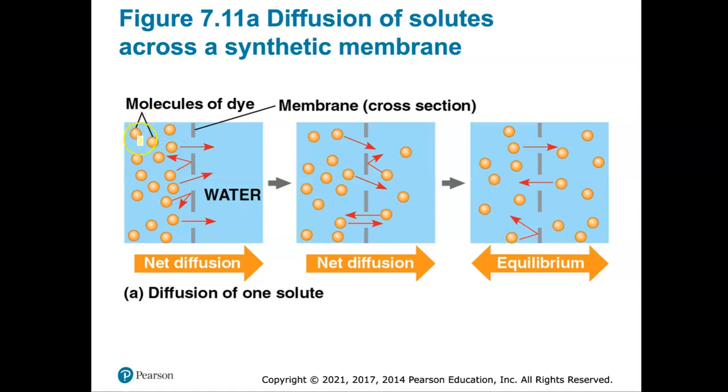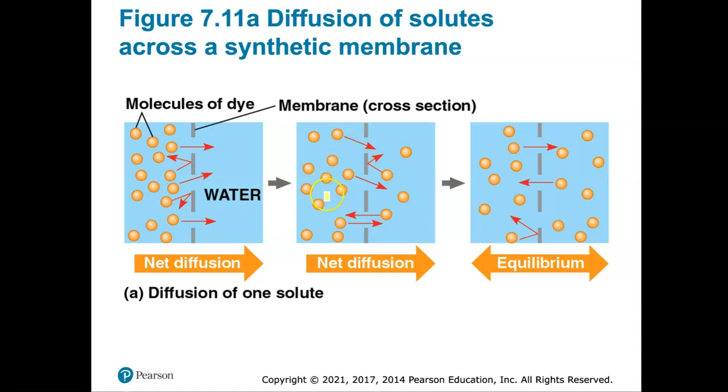If you have a solution of dye on one side of a membrane, and the pores in the membrane are large enough to allow the dye molecules to pass, then by diffusion, they're just going to naturally follow their concentration gradient, which means concentration difference.